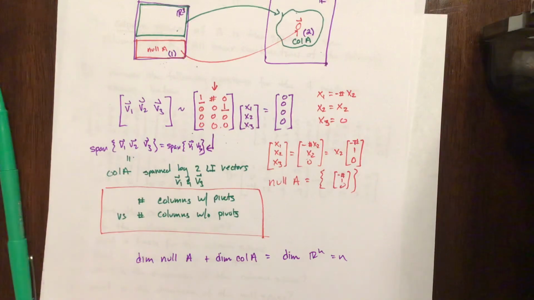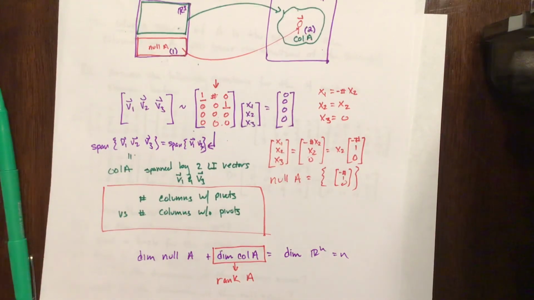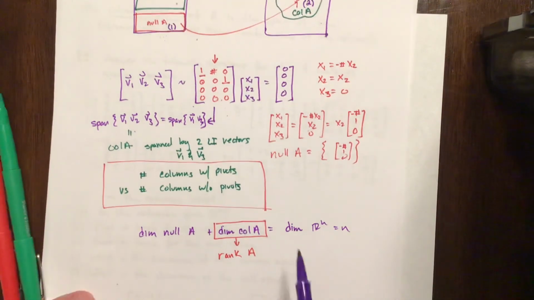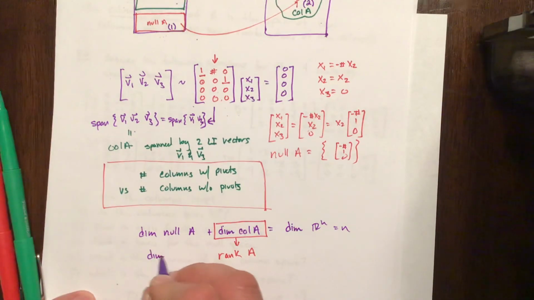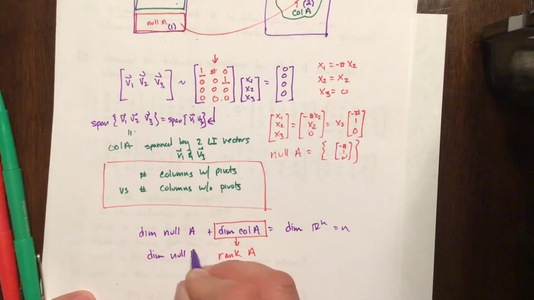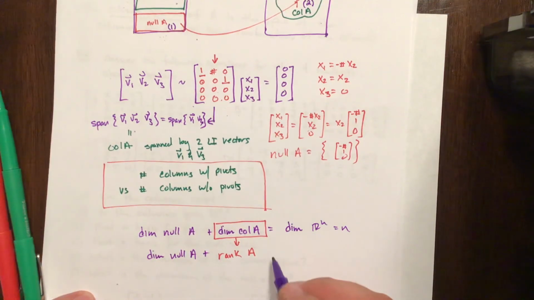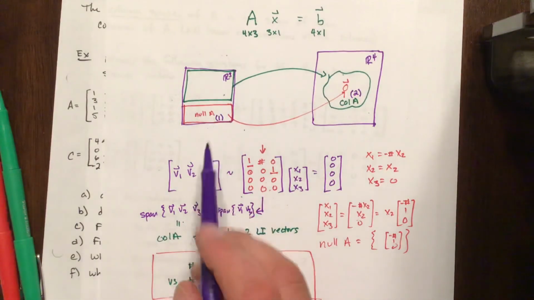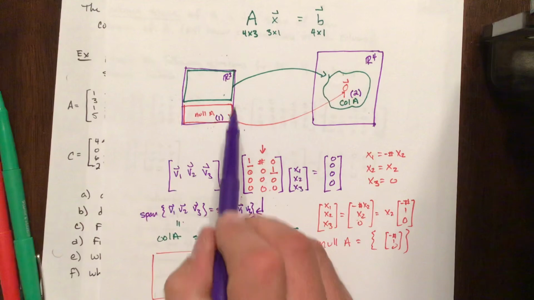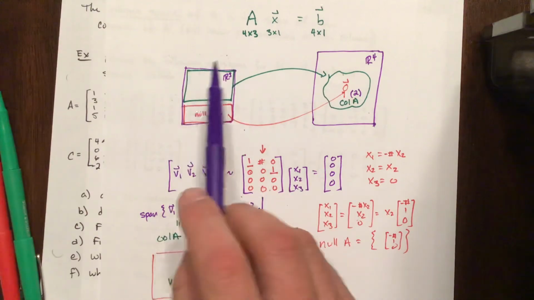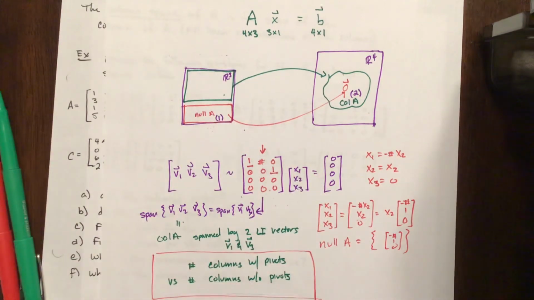Now, the book will call the dimension of the column space of A the rank of A. So, dimension of null A plus the rank of A is equal to n. And what is n? It's the dimension of the vectors that are being multiplied by your matrix A.